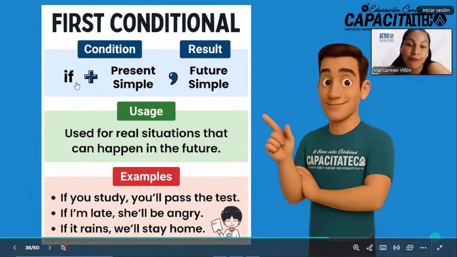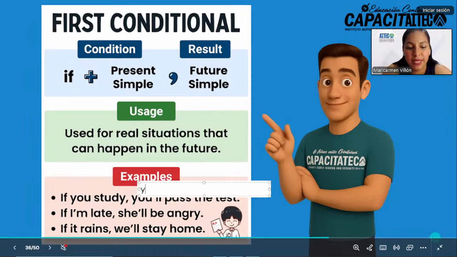Examples. If you study, si tú estudias, mire, sigue estando en presente simple. Si tú estudias, you'll pass the test. Tú vas a pasar el examen. Ahí está una contracción entre you y will, que también se puede hacer. Entonces, you will.